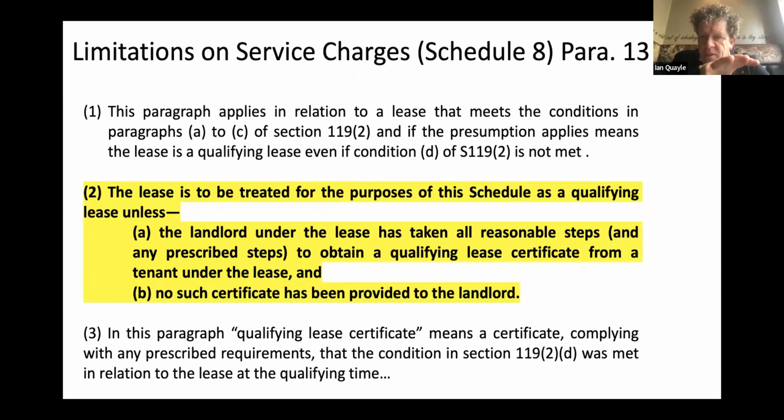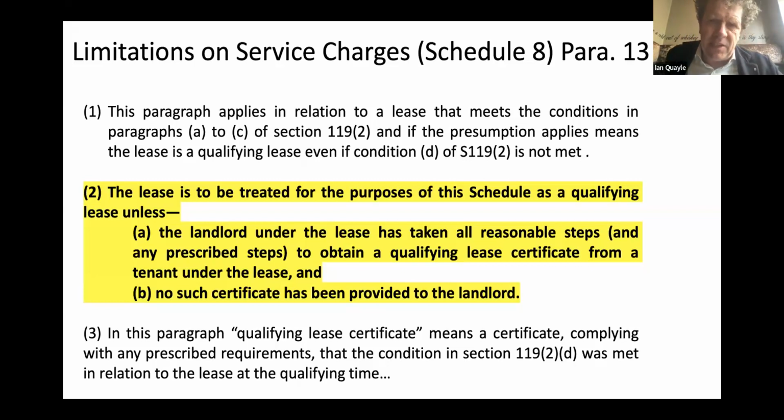This is important, and a lot of practitioners are not aware of it, and it's slightly off-piste, but I just thought I'd tell you because I think it is so important. If you look at Schedule 8, paragraph 13 of the Building Safety Act 2022, it says, where you have a qualifying lease granted before the 14th of February, 21 years or more, containing an obligation to pay service charge, you don't have to worry about who was in ownership or occupation as of the 14th of February 2022, provided the landlord does not have a leaseholder deed of certificate from that leaseholder, and the landlord hasn't asked for it.